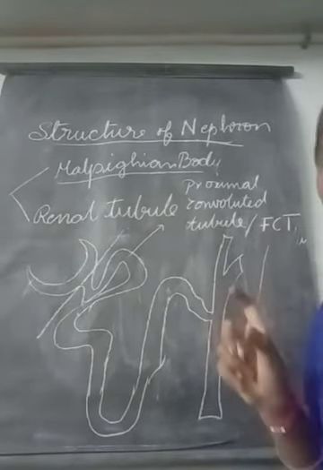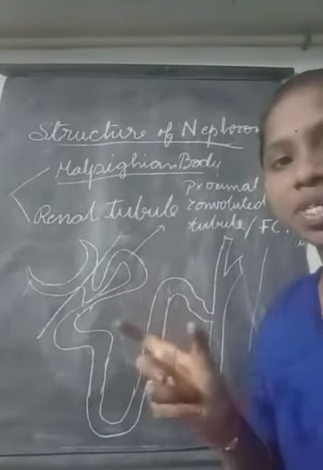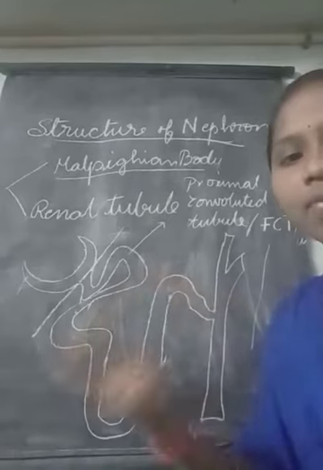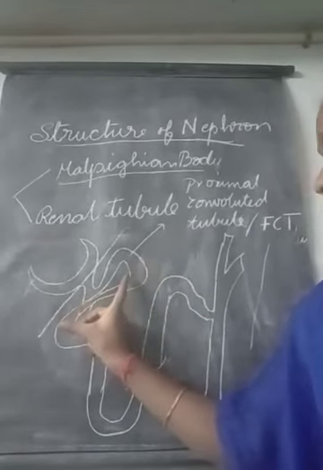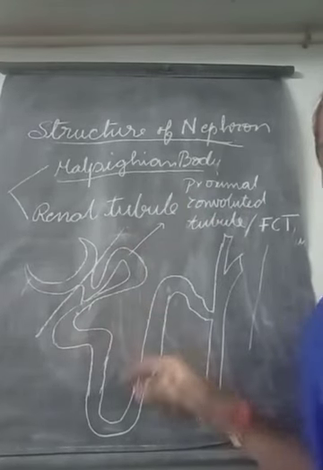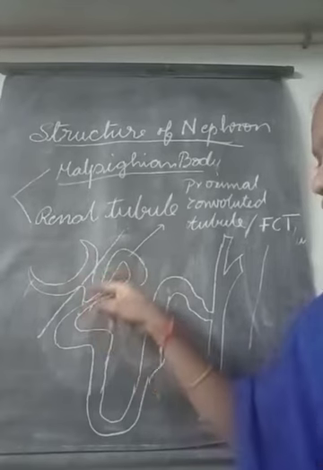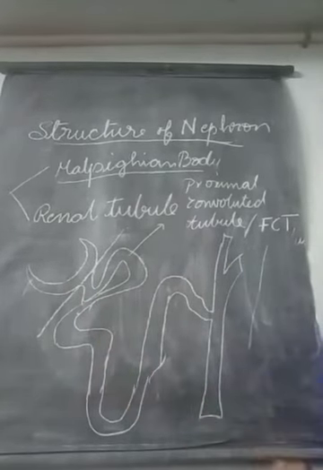See, in the name itself we have the meaning. Proximal: pro means forward, so proximal is the front portion. Convoluted means turned. And this particular part is a tubule.